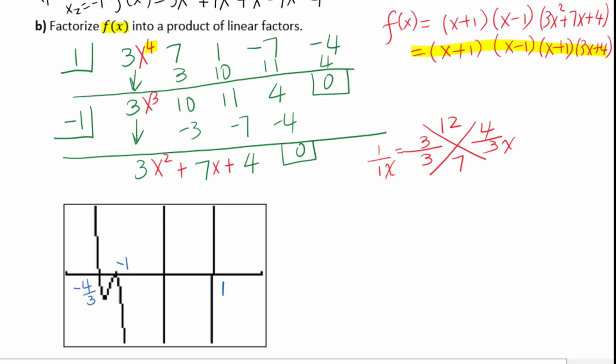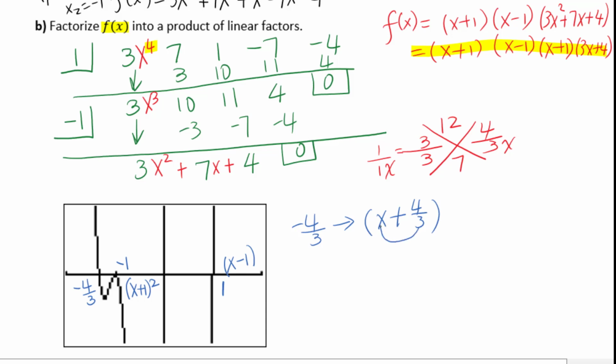So when the graph bounces back at x equals -1, we will have the factor x plus 1 squared. This one, x minus 1. For -4/3, we change it into the factor x plus 4/3.